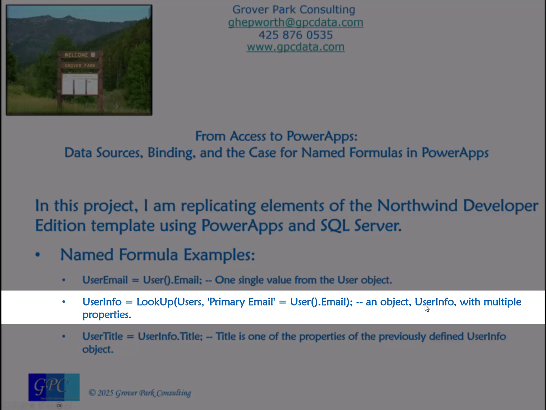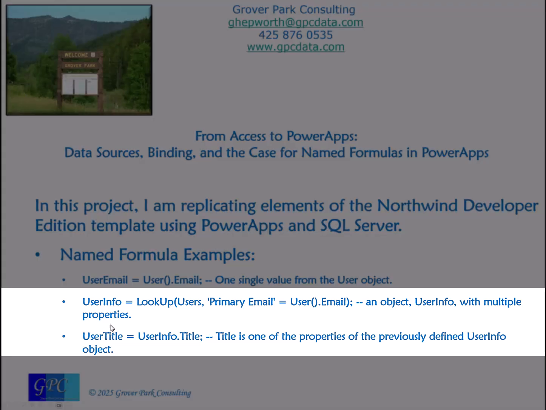That becomes an object with multiple properties. Obviously, email is one of those properties. Once we have user info as an object, we can then take any of the properties defined for that object. In this case, I'm looking at title, and assign a named formula, which is the variable user title, to that property of the user info object.